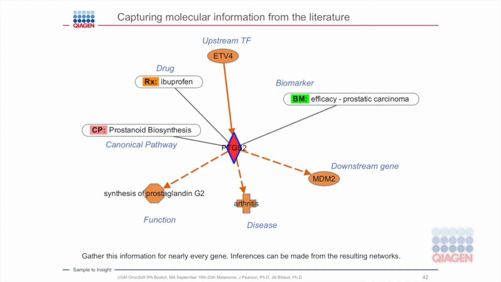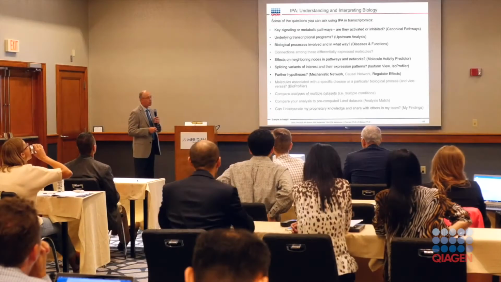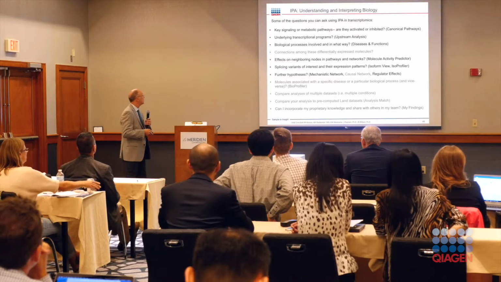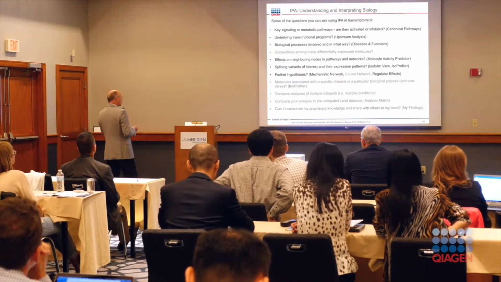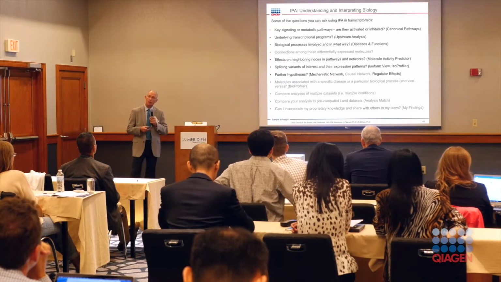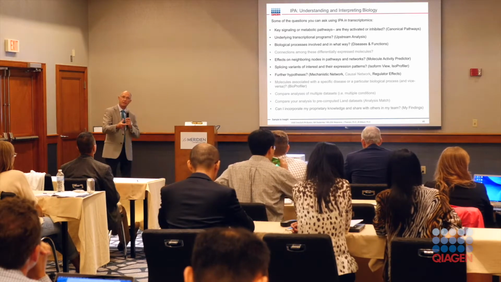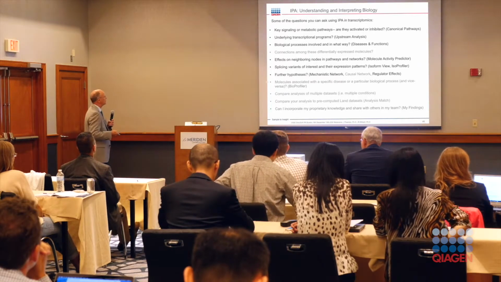The questions we can answer in IPA are multiple. We can answer which signaling pathways or metabolic pathways are activated, and which are inhibited. We can look at the underlying transcriptional program using the upstream analysis. We can look at what biological processes are involved and in what way; because of that predictive power, we can say if apoptosis is increased or decreased, for instance.